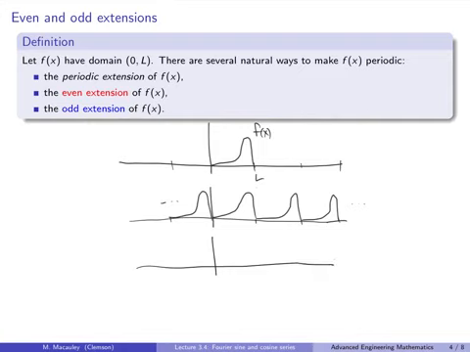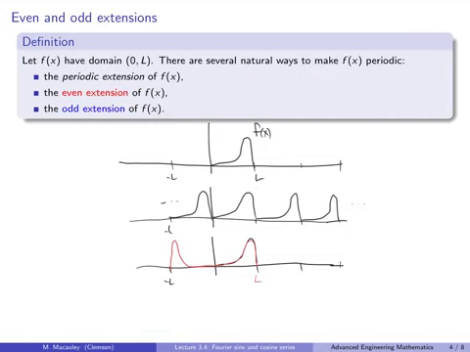But there are other ways that we can make this periodic. And sometimes we need to do this. Sometimes we need to make the function even or odd. So let's first do the even extension. For all of these, we are going to start with the actual function. And now for the even extension, we first of all make it even. So this is negative L over here. To make it even, we have to reflect it across the y-axis. And now it's a function that is periodic of period 2L.